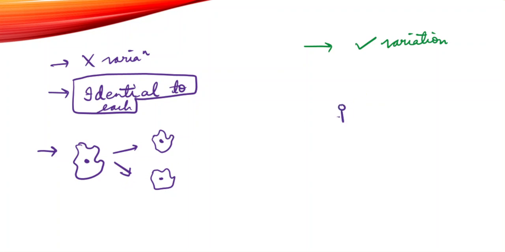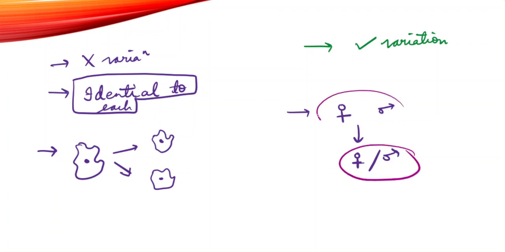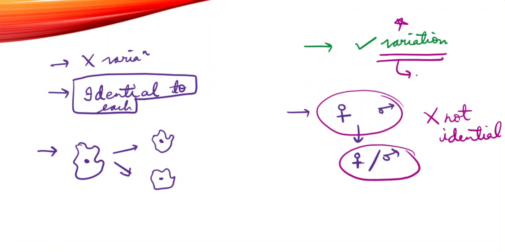But if your mother and father reproduce, you, whether girl or boy, are not identical to your parents. So there is variation, which means uniqueness, a difference.